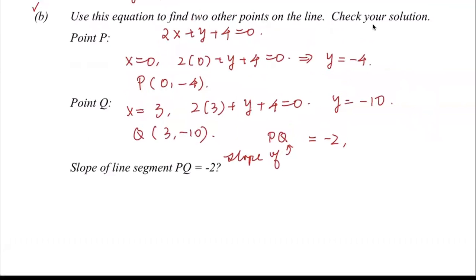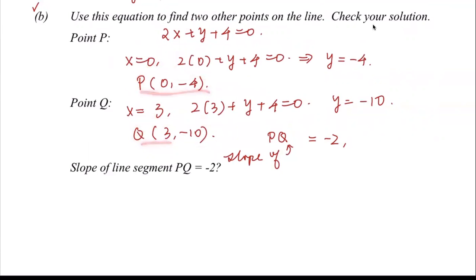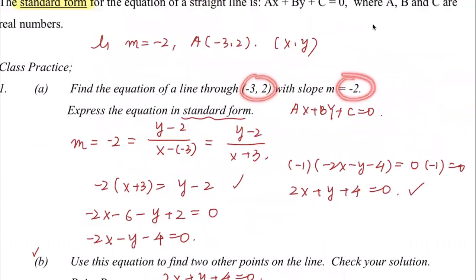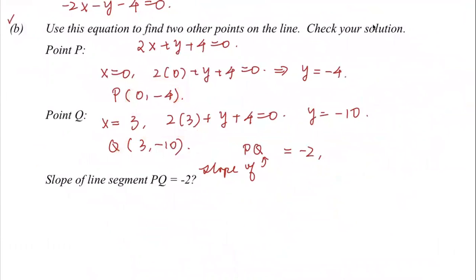Because we found these 2 points based on the straight line expression that we found using these 2 pieces of information. So if there's no mistake in our calculation, then the slope of PQ should be equal to the original straight line slope. That's the logic.